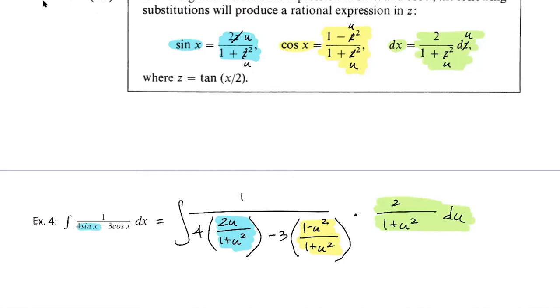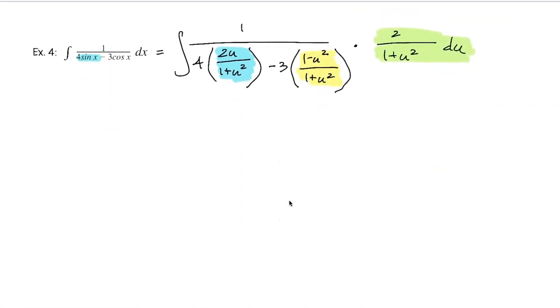Whereas question number 8, I think you can use a regular u sub. Professor, just to clarify, we only use this one when the sum and difference of sine and cosine is on the denominator? Yeah. Yeah, so when we're looking at rational expressions.